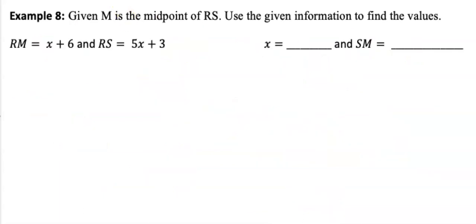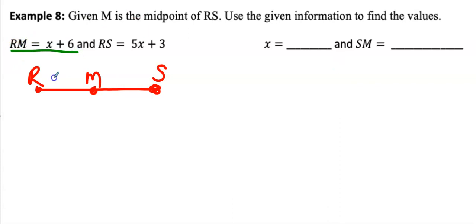All right, example 8. Given M is the midpoint of RS. So I'm going to draw a picture. M is en el medio of RS. Okay? So now I know my part. RM is x plus 6.